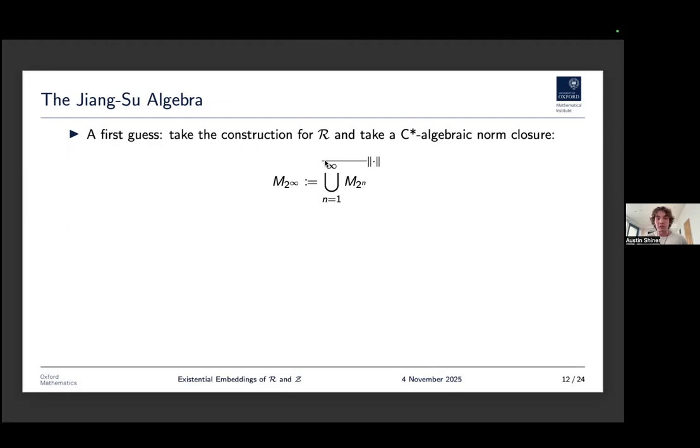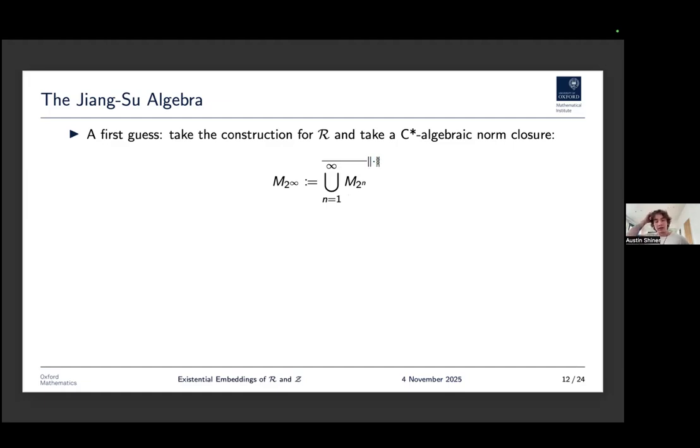Naturally, we can just take the construction for R that we did and try to repeat that in the land of C-star algebras. So we took M2 and put it inside M4, put that inside M8, and so on. We took a union. We took a von Neumann algebra closure. But let's do the same thing, and this time just take a norm closure instead.